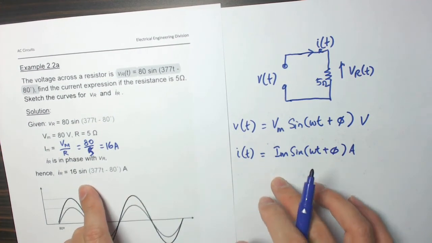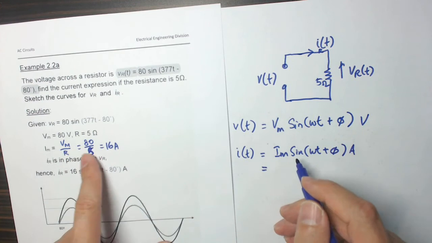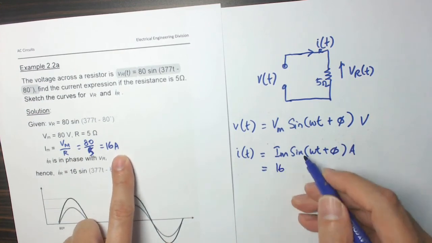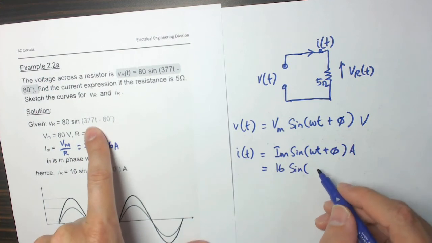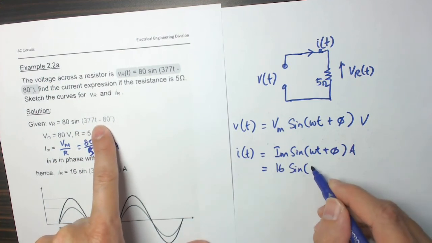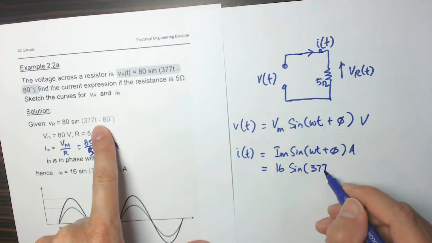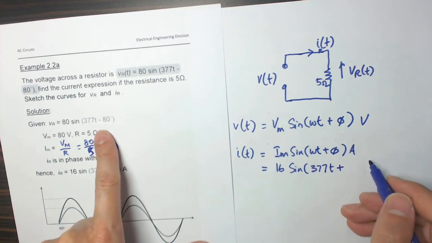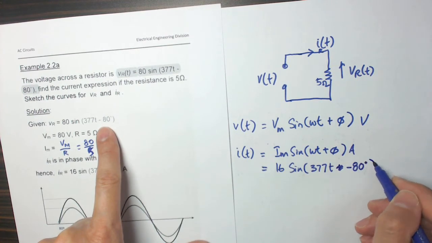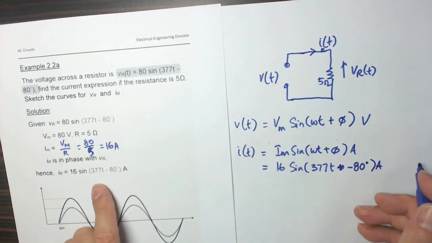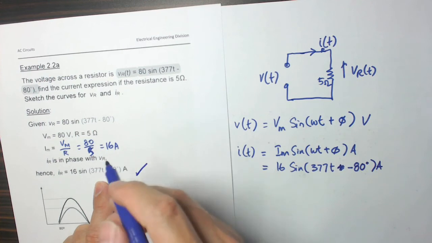So if I were to compare it, Im is what I calculated, so it's 16 sin(omega t, which is still the same as the voltage angular velocity, so still the same, and the angle is a phase shift of 80 degrees). So that's how I get this answer.